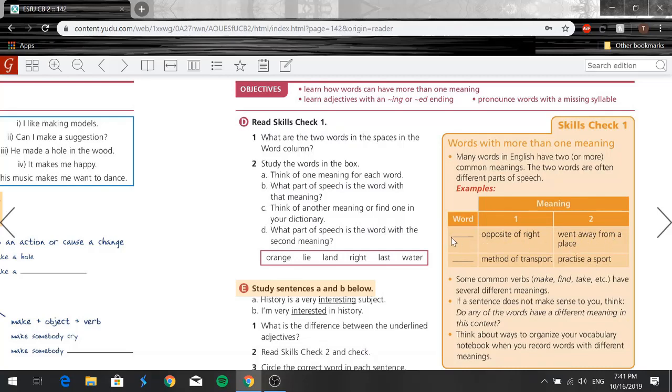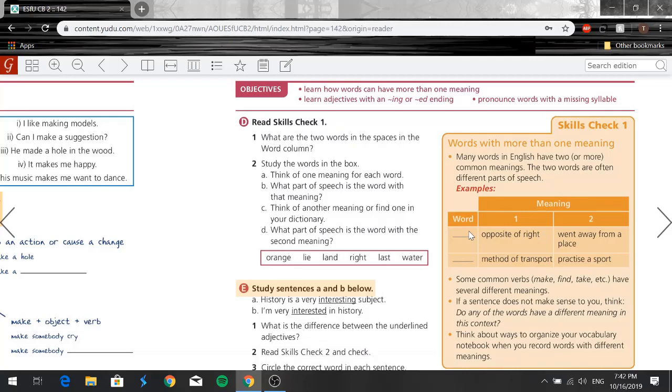What do you guys think the word here is? Well, it's left, right? Because the first meaning for it is opposite of right, and two, it means to leave or went away from a place. So left is the correct answer here.